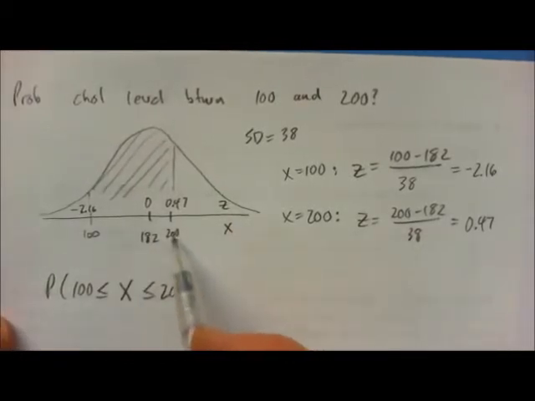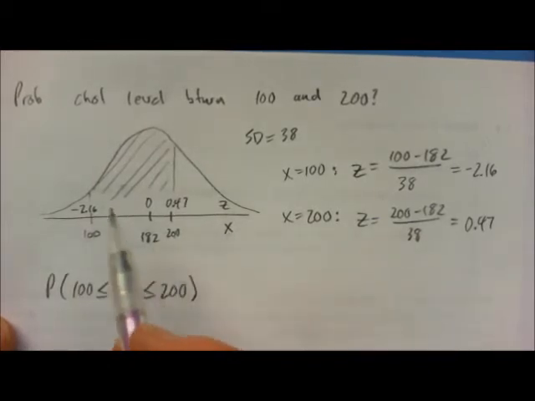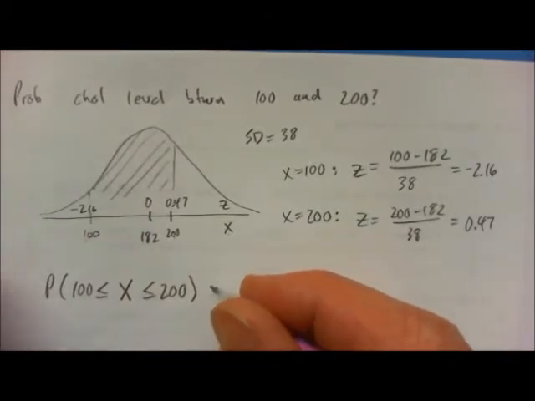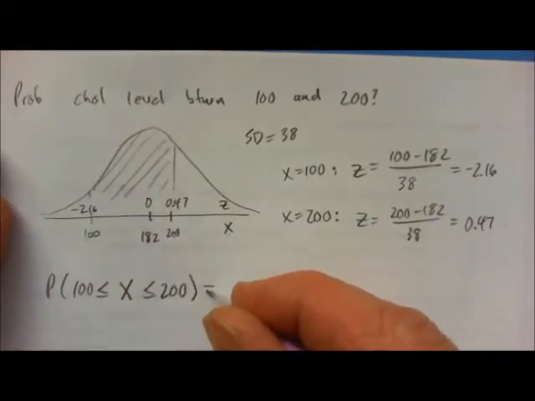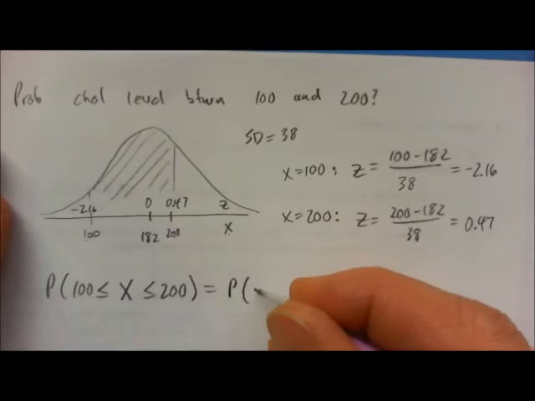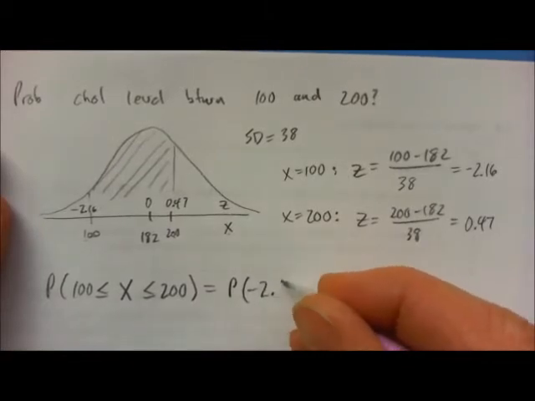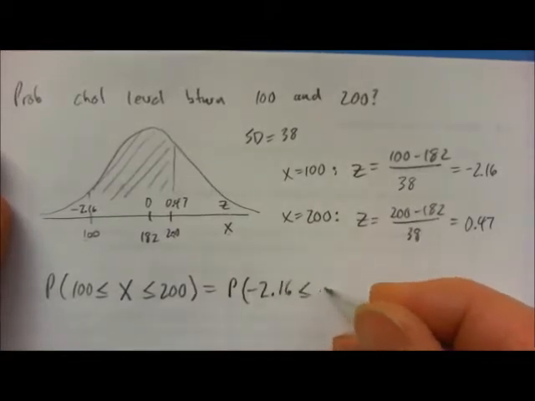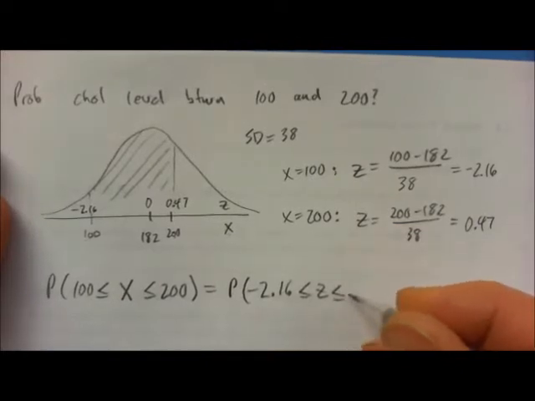But if we look at our picture, we can see being between 100 and 200 for x is equivalent to being between -2.16 and 0.47 for z. So this is equal to the probability that z is between -2.16 and 0.47.